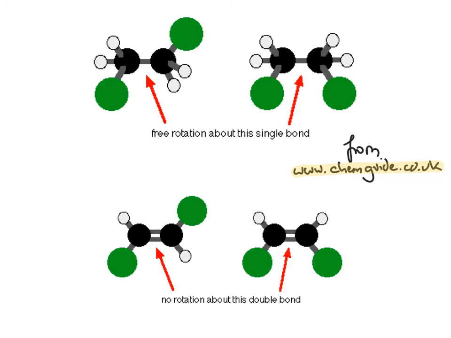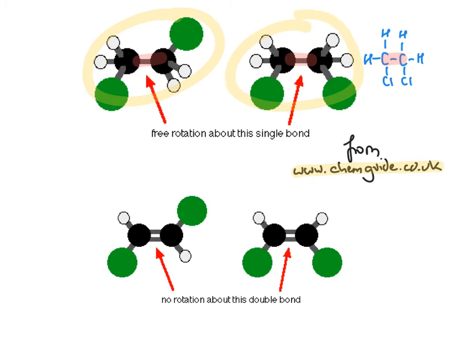In fact, next to them is the displayed formula of these. So they are exactly the same molecule, okay? So this molecule is able to rotate, or we could twist it around that single carbon-carbon bond. We could just literally twist or rotate the molecule so that we had the chlorines on opposite sides or the same side. However, we can't do that when there's a carbon-carbon double bond.